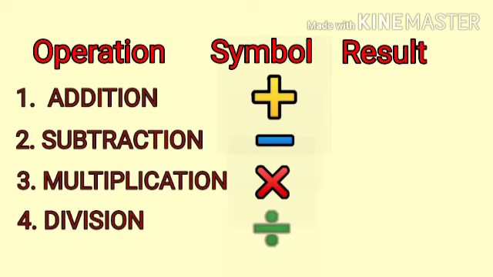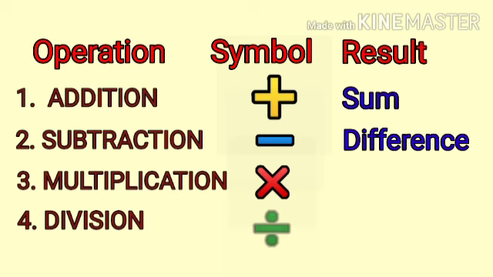After completion of addition, we get an answer. That is called sum. That means the result of addition is called sum. Like that, the result of subtraction is called difference.